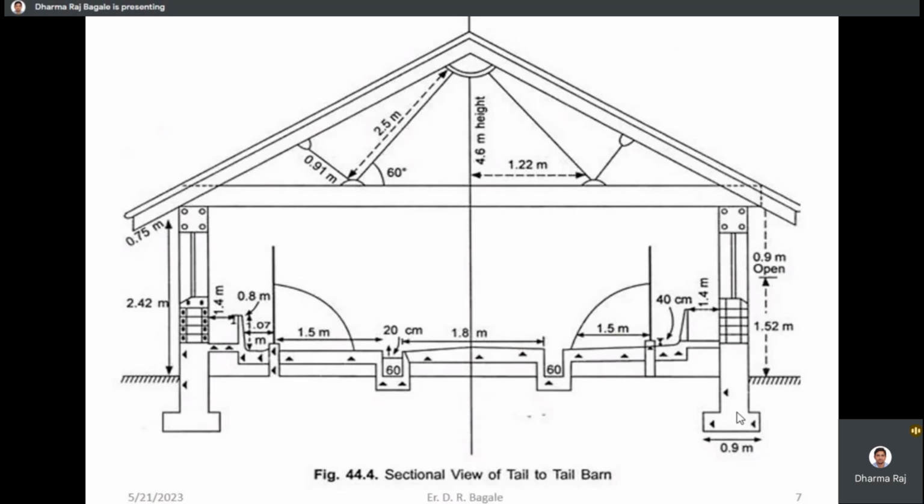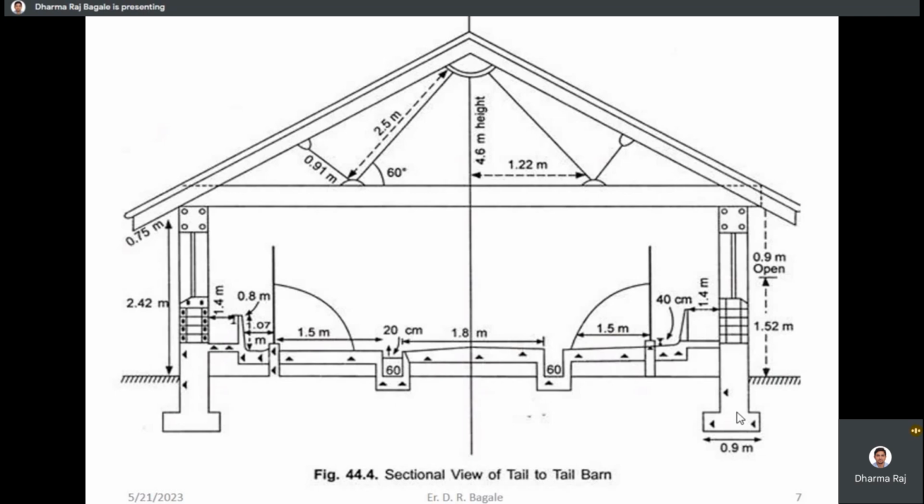We will keep the 1.5 meter wide manger in both sides of the stall, in front of the cow. So there will be two separate mangers for two separate rows of cows, and manger alley in front of that.